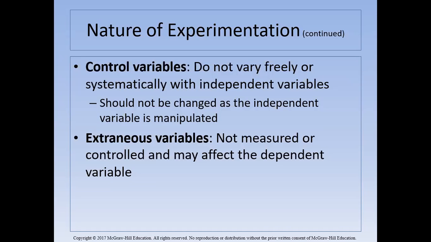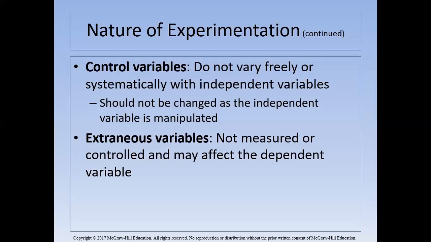So as we said, control variables are variables that do not vary freely or systematically with the independent variable. What does that mean? They should not change as the independent variable is manipulated.